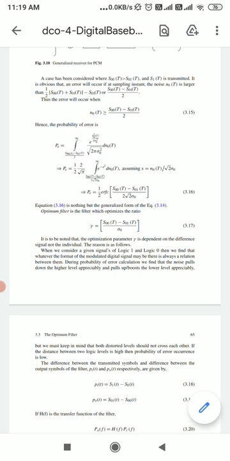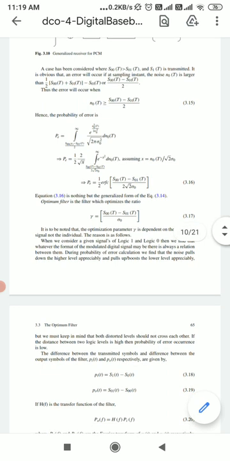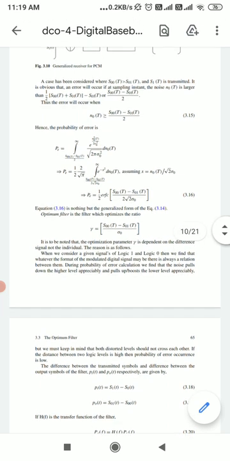So we can say here N0(t) is a random variable, and we have its power spectral density. And we have seen how to calculate its probability density function.